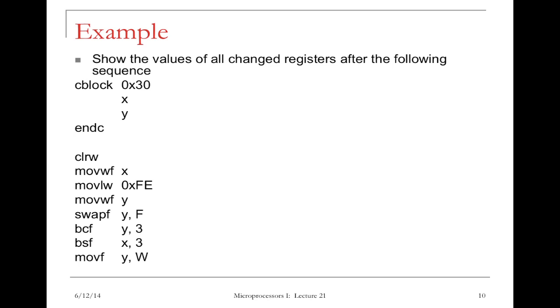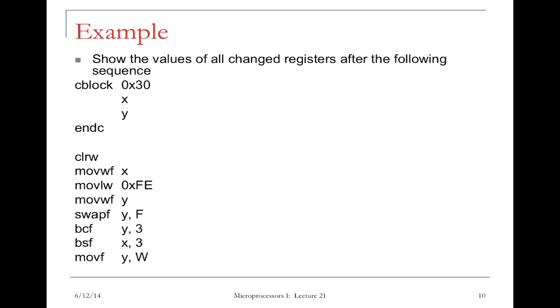Now let's look at this example. Show the values of all changed registers after the following sequence. In this short program, we begin with a C block and declare two variables, and you know where they are.